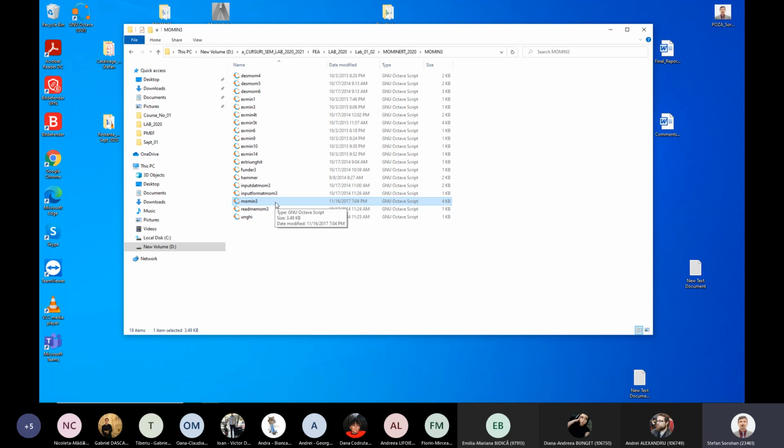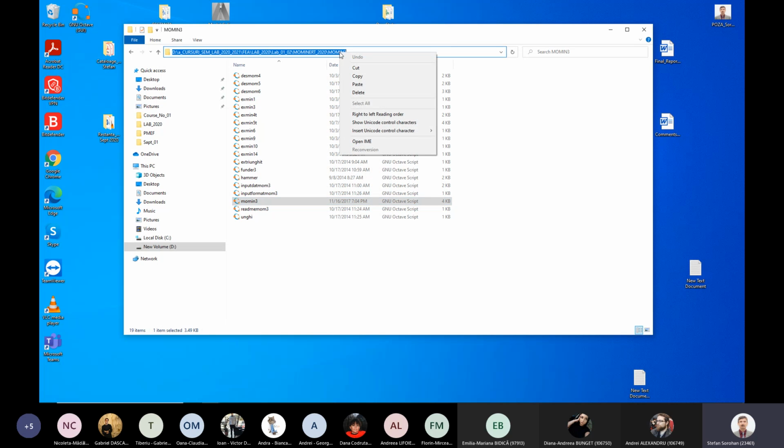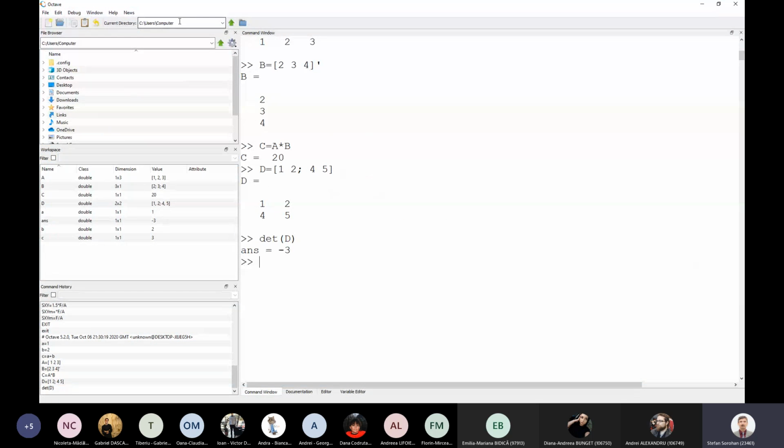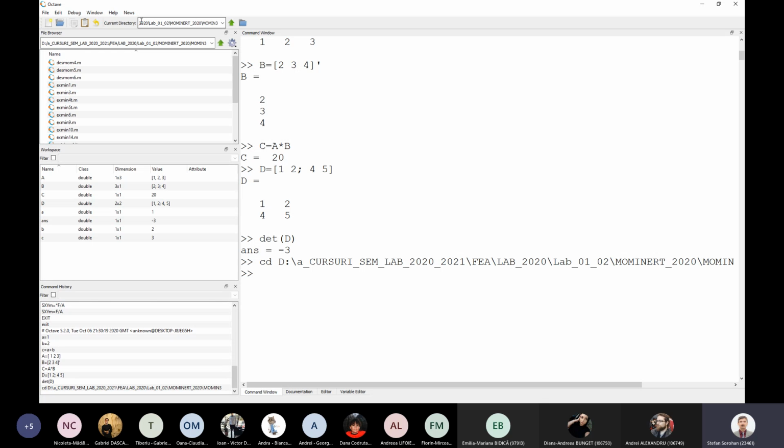Usually in Octave we must work in the same directory, so I will copy this directory and I will change the current directory here. You can also use cd, change directory, Ctrl V, and as you can see now, the directory in which I will work will be this one. Here you can see all the files from this directory, and of course this is the main file which may be opened.